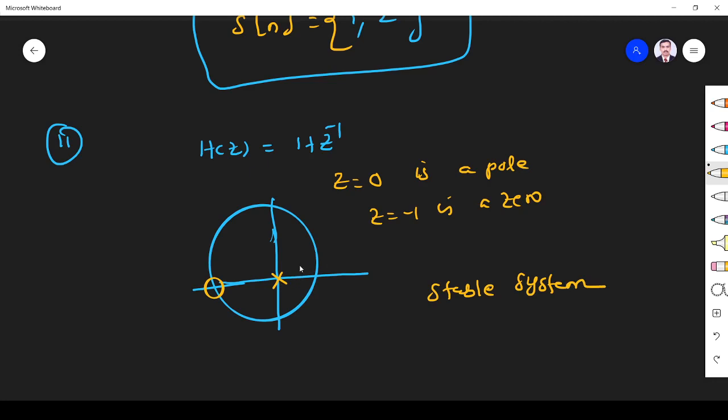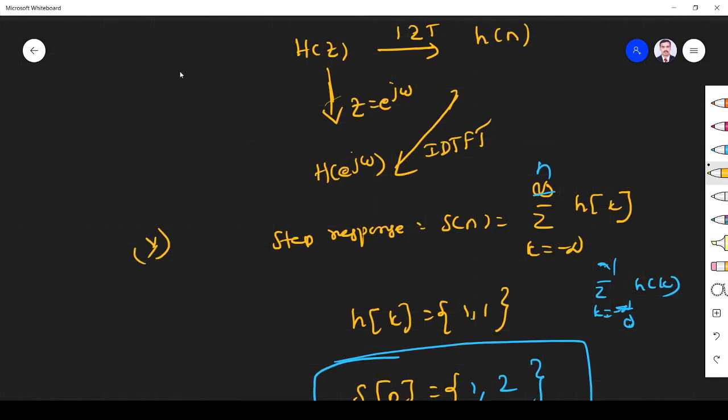Another thing is, you see the ROC is outside the outermost pole, then only it is called causal. Since the pole is at 0, surely it must be causal. For a stable and causal system, poles must be inside the unit circle. So here the pole is at 0, so it is surely a causal system. Already we verified the same thing in the initial stage in a different way.